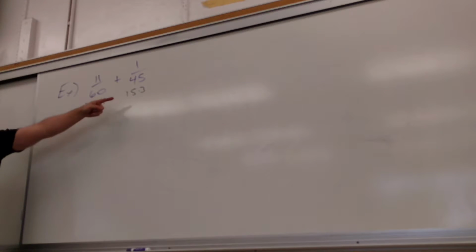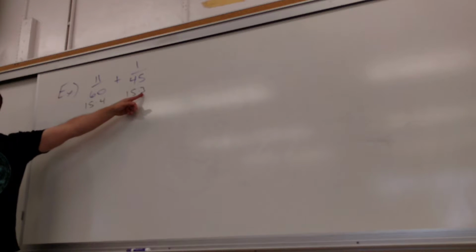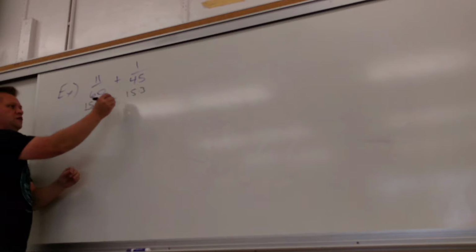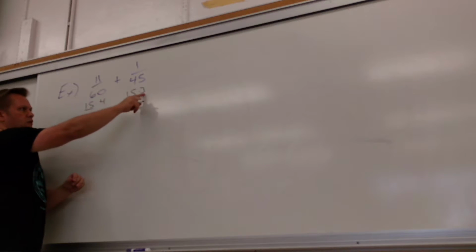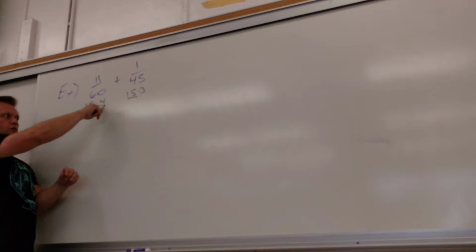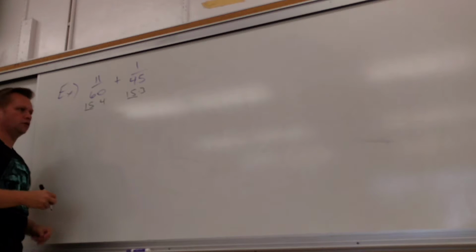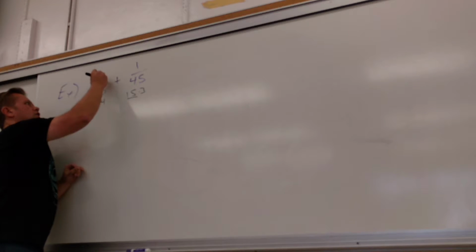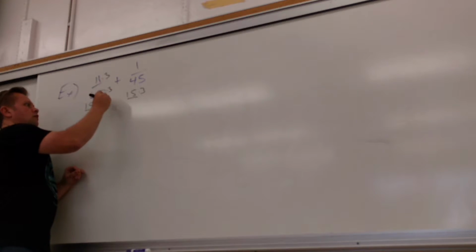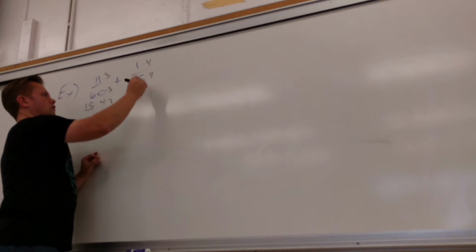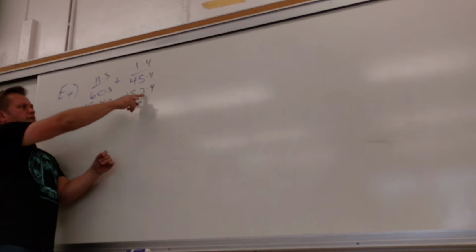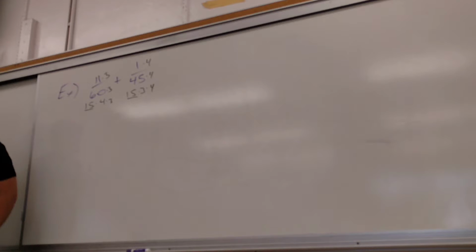What's this guy missing that he has? Another 3. They both have 15. He's missing a 3. He's missing a 4. So if you give this guy a 3, and you give this guy a 4, now they both have the same denominator. Is that cool?